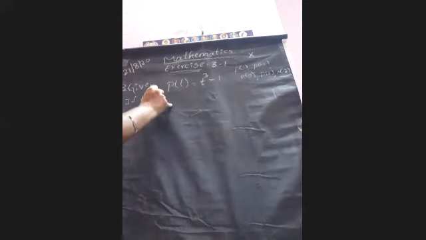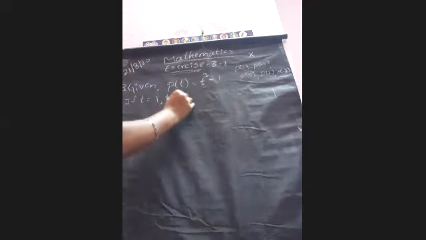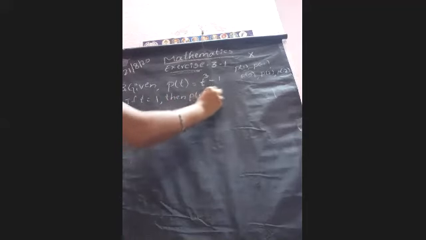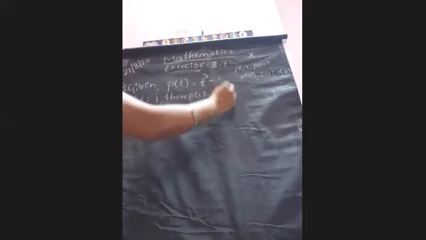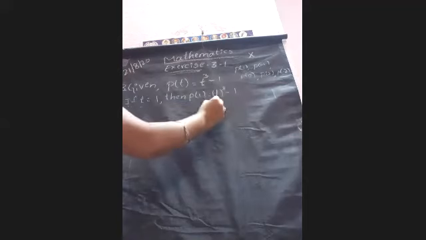So if you substitute t equal to 1, then P of 1 equals 1 cube minus 1, that equals 1 minus 1, that equals 0.